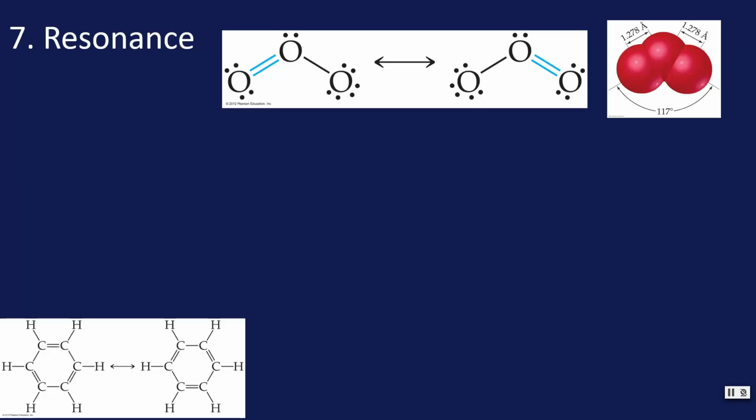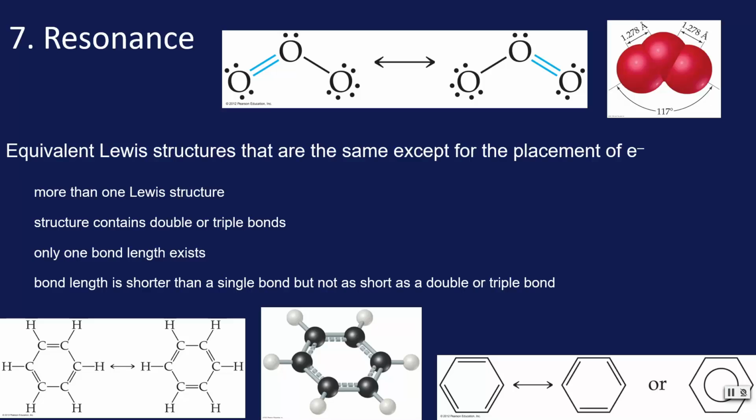Step 7, resonance. Yeah, we have lots of steps for this. What is resonance about? Well, lots of pictures, and then why? Resonance structures are equivalent Lewis structures that are the same except for where the electrons are placed.